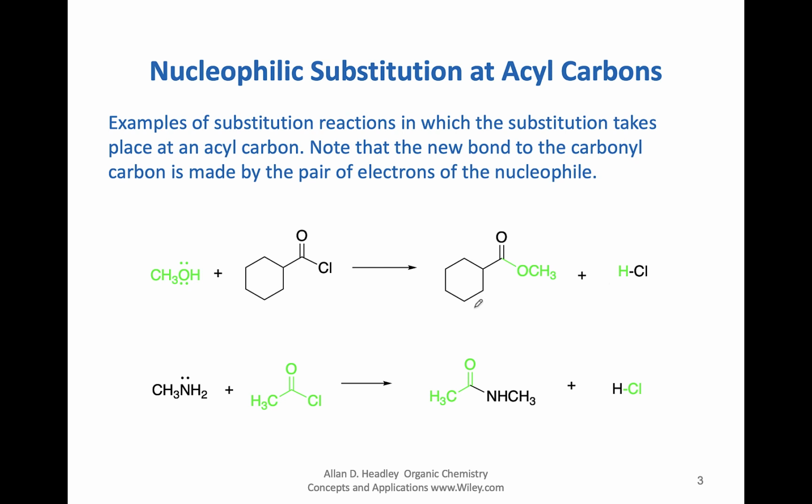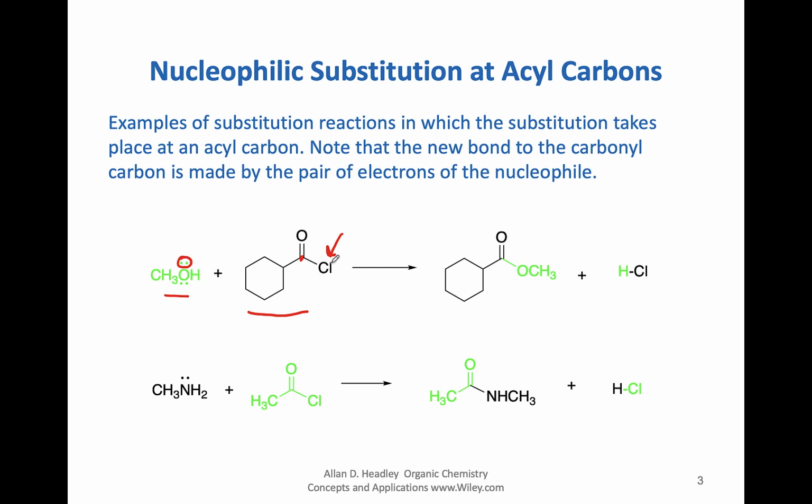Here are some examples. So here we have an acyl compound. It's called an acid chloride or an alkanoyl chloride. Here's the acyl carbon right here. Here's our nucleophile, 2 molecules. Here is our unshared pair of electrons. We just need 1.